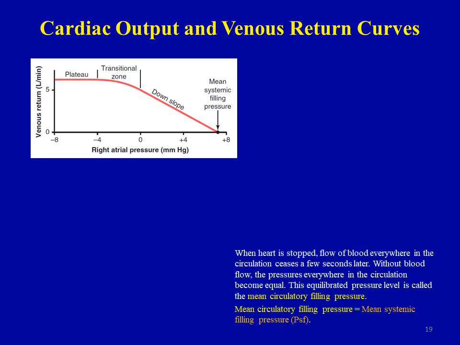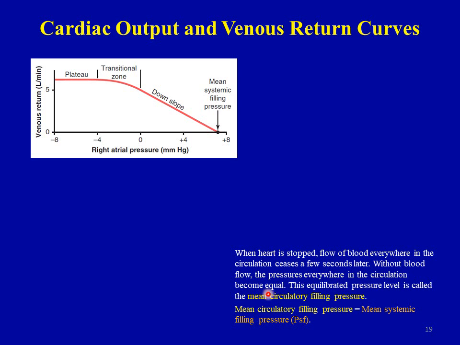When the heart is stopped, I think many of you will ask about the mean systemic filling pressure because it is appearing in this lecture for the second time. Just to remember, when the heart is stopped, flow of blood everywhere in the circulation will cease a few seconds later, and then without a blood flow, the pressure everywhere in the circulation will become equal.